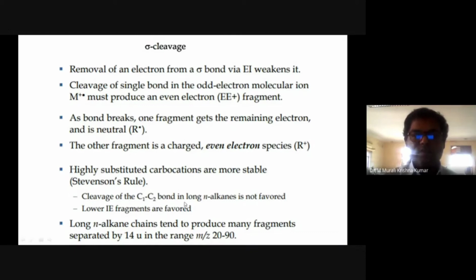And cleavage of the C1-C2 bond in long n-alkanes is not favored. Lower ionization energy fragments are favored, and long n-alkane chains tend to produce many fragments, because as you increase the number of carbons in a molecule, when the molecule becomes so big, you can have multiple charged centers, more chances, so more permutations and combinations as far as the type of fragmentations is concerned.